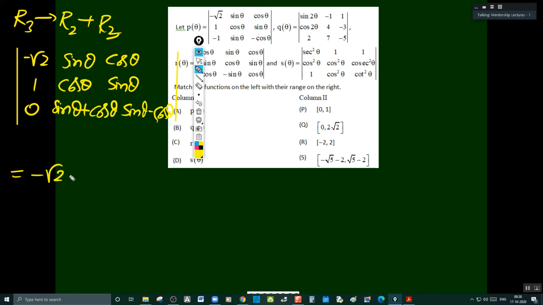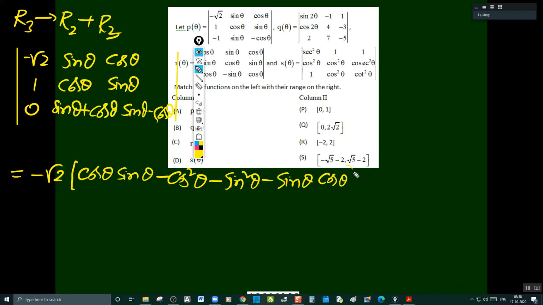Minus root 2 into cos theta sin theta minus cos square theta minus sin square theta minus sin theta cos theta. So you can see, of course, let me write the second one also.